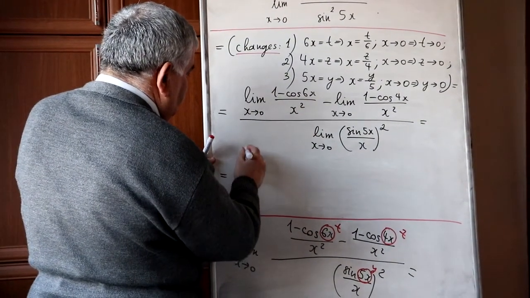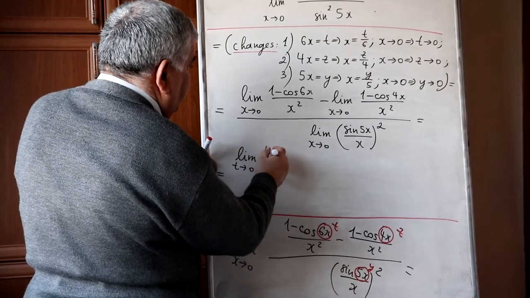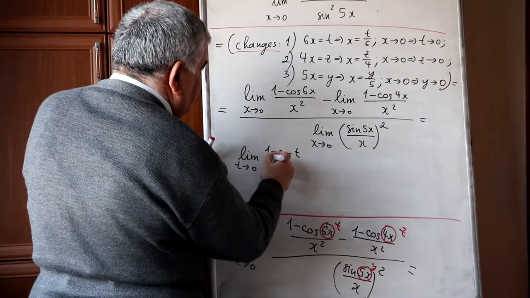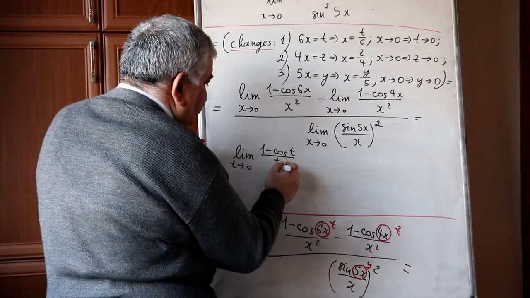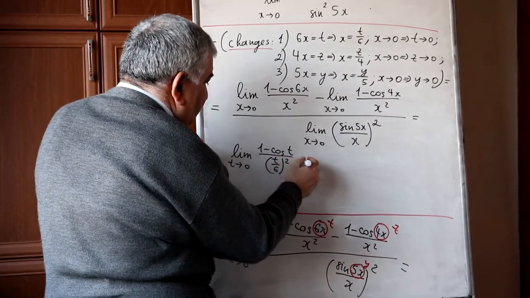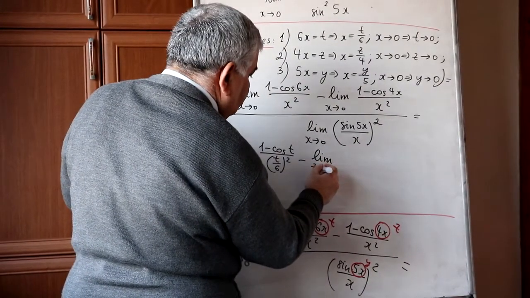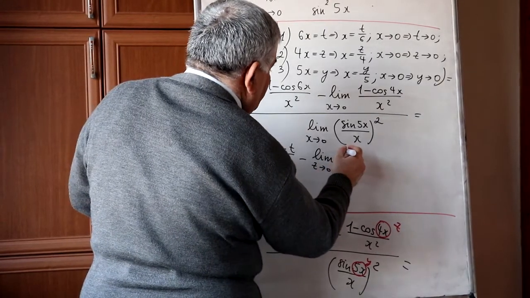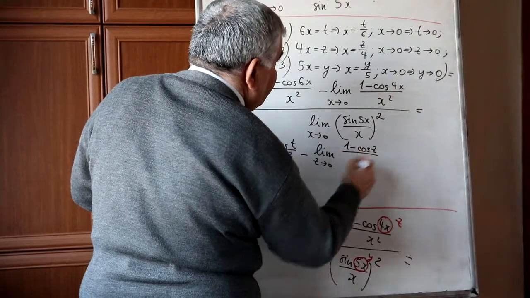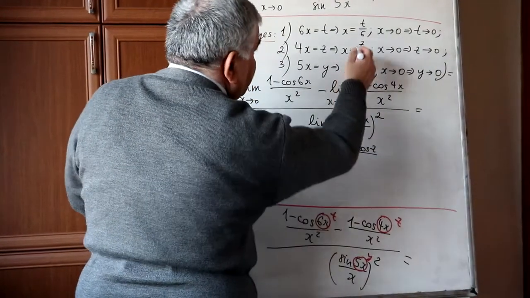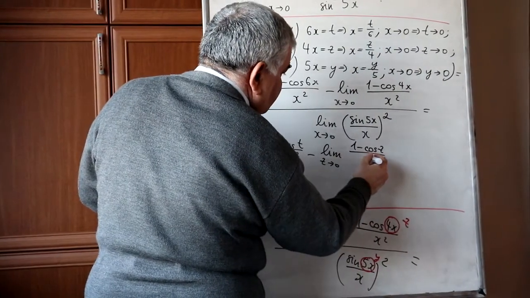Then limit when t tends to 0 of 1 minus cosine t divided by t over 6 squared, minus limit when z tends to 0 of 1 minus cosine z over z over 4 squared, substituting z over 4 instead of x.